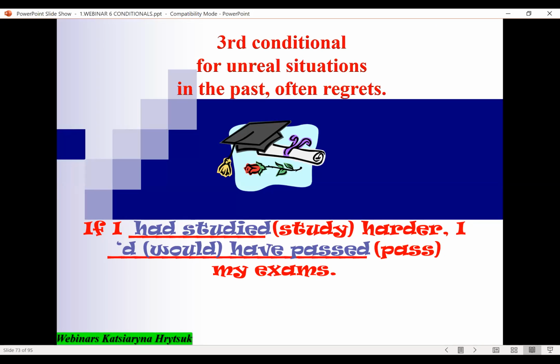Yes, but now, you didn't pass. Okay, yeah. So it's a regret. Conditional 3. Again, had studied, past perfect. Always had, always verb with ed or verb 3, and main clause would have and verb 3.